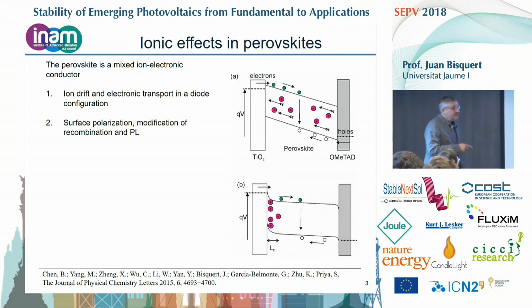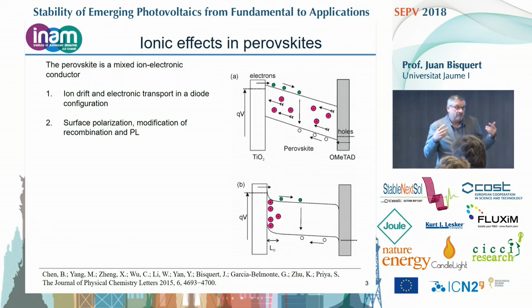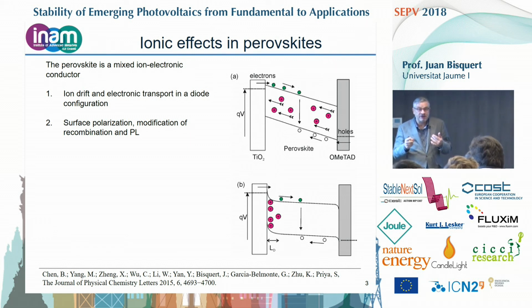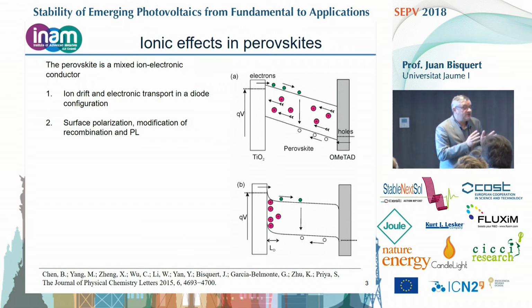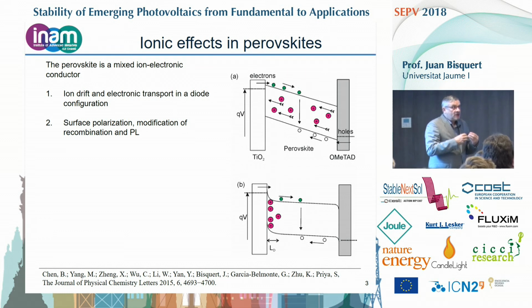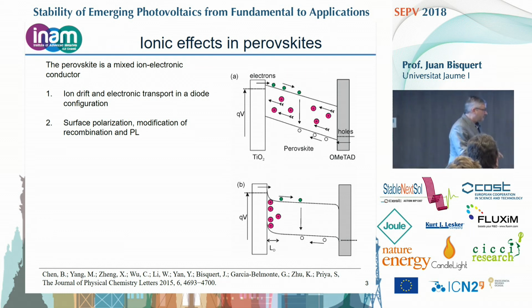And it's quite difficult to study because whenever you apply voltage, you induce, in principle, four types of carriers, the positive and negative, electronic and ionic. So it's quite complex to distinguish which they are. The second thing is that you will modify the operation of the sample because of surface polarization and probably changing surface recombination, etc.